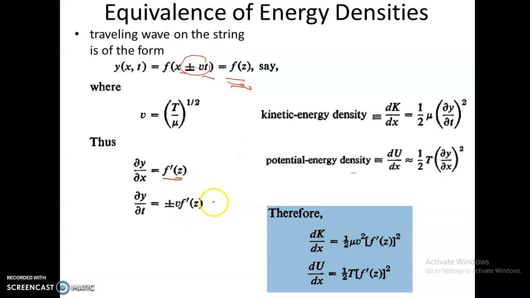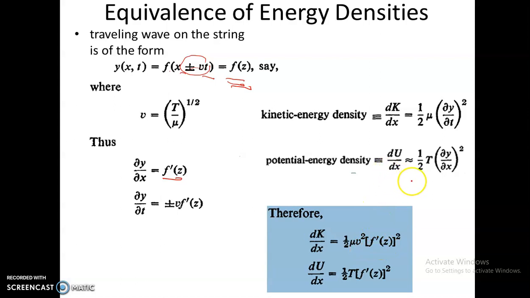Now substitute these values of dy by dx and dy by dt in the expressions for the kinetic energy density and the potential energy density. We substitute dy by dt as plus or minus v f dash of z. The square of plus or minus v is essentially v square. So the kinetic energy density becomes half mu into v square into f dash z whole square.